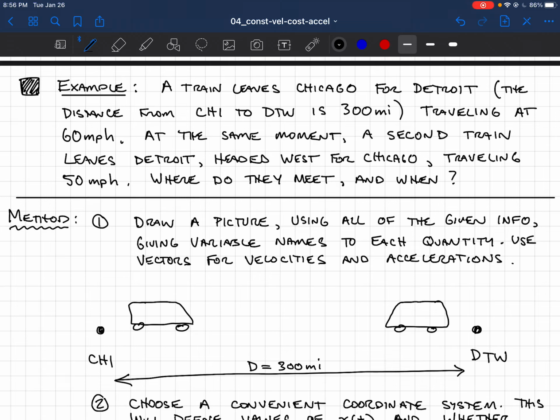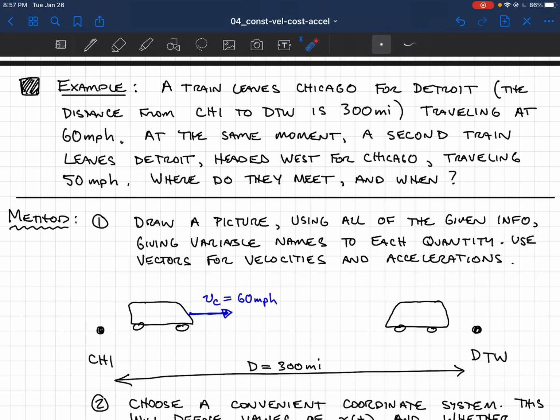What else were we given? Well, we were given the speed of each train, so let's make those speeds into velocity vectors. So we have a velocity vector of, let's call it the Chicago train that is pointing to the right. So that's the Chicago train. And VC was given to us as 60 miles per hour.